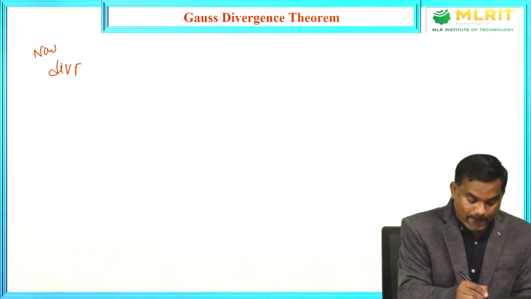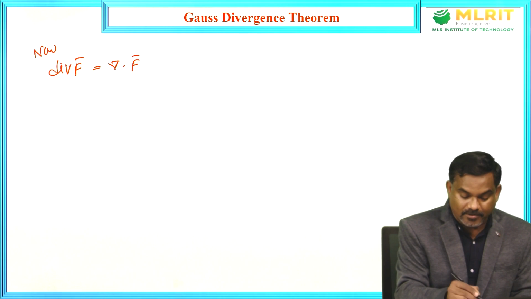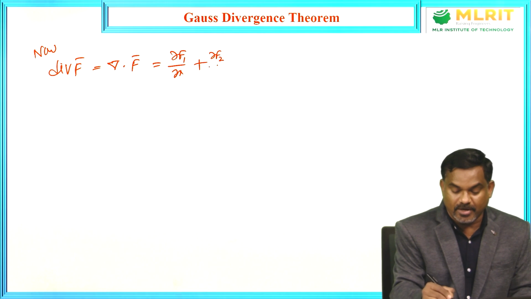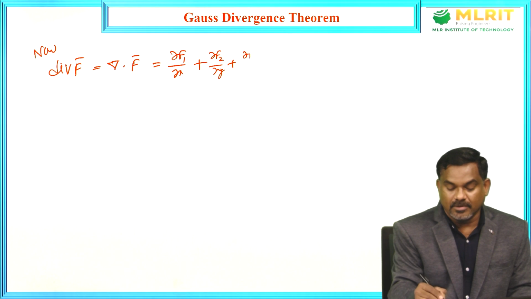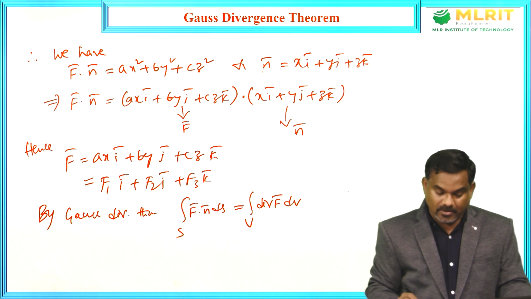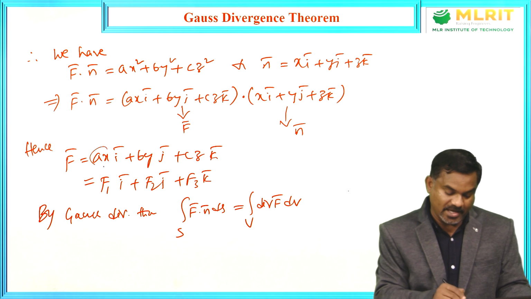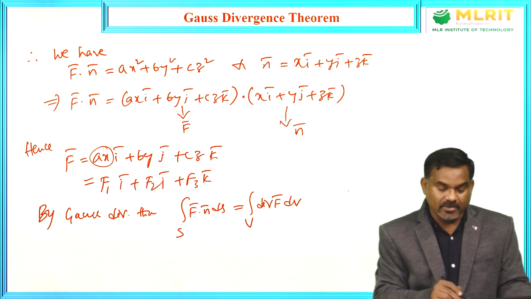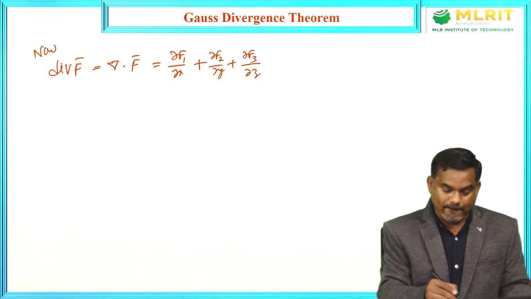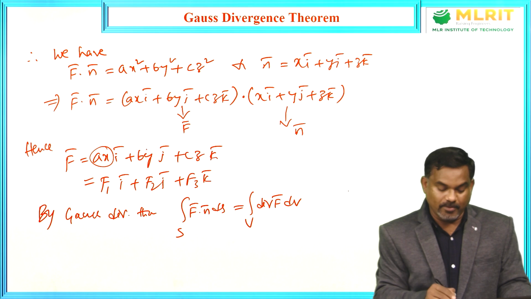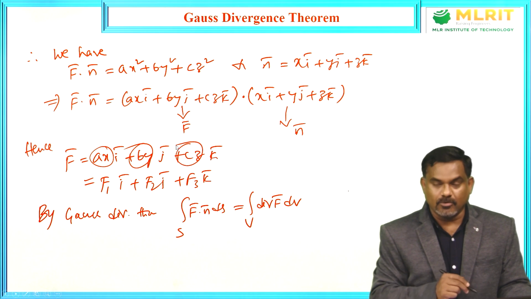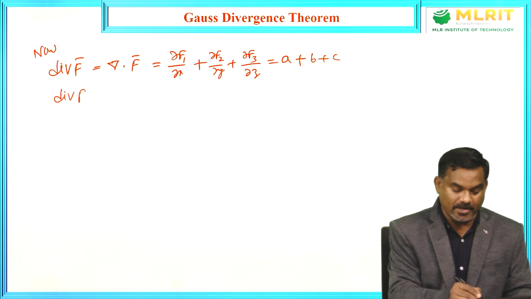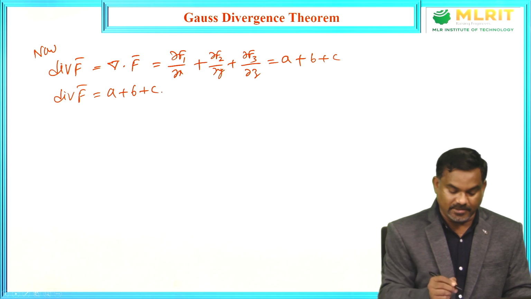Div F̄ is del dot F̄, which is ∂F₁/∂x + ∂F₂/∂y + ∂F₃/∂z. Here F₁ is ax, so differentiating partially with respect to x we get a; ∂/∂y of by is b; ∂/∂z of cz is c. So div F̄ is a + b + c.